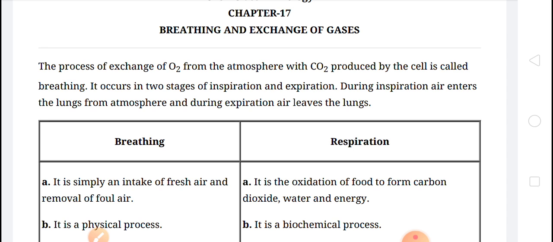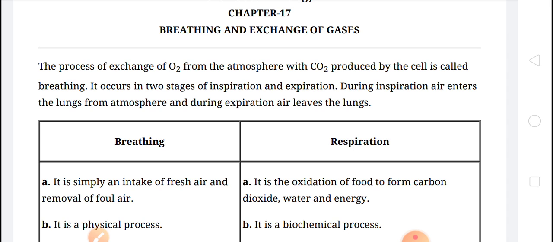So children, I hope you know very well about breathing. Breathing is a physiological process by which exchange of gases takes place. It means two processes occur in breathing: number one, inspiration, and number two, expiration.